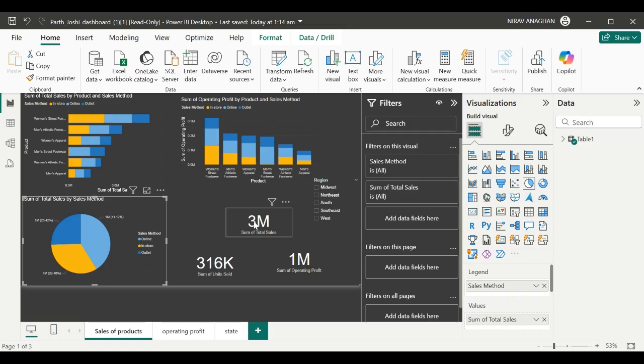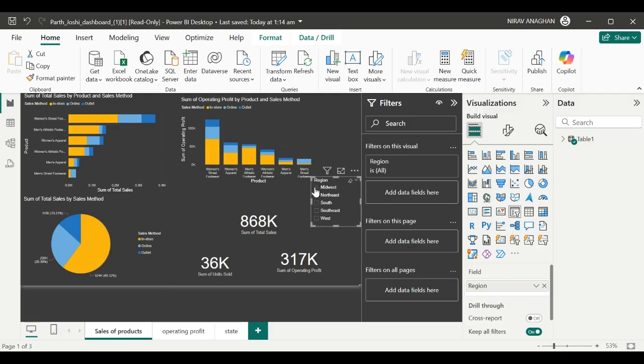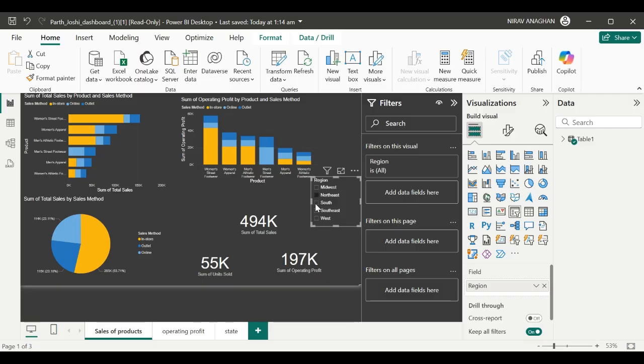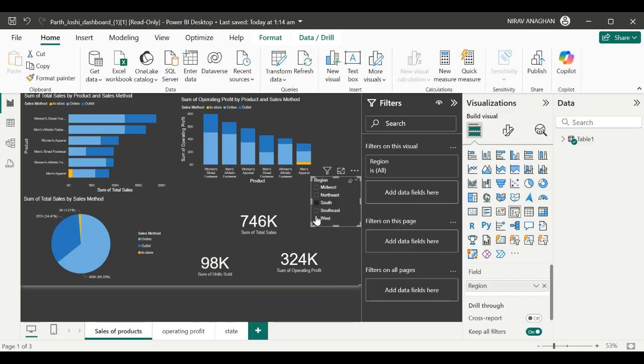I have also added three metrics for analyzing. The first says the sum of total sales is 3 million. Around 316,000 is the sum of units sold in the year, and the sum of operating profit is 1 million. If we click on a different region, we can see region-wise data like midwest, northeast, south, southeast and west.